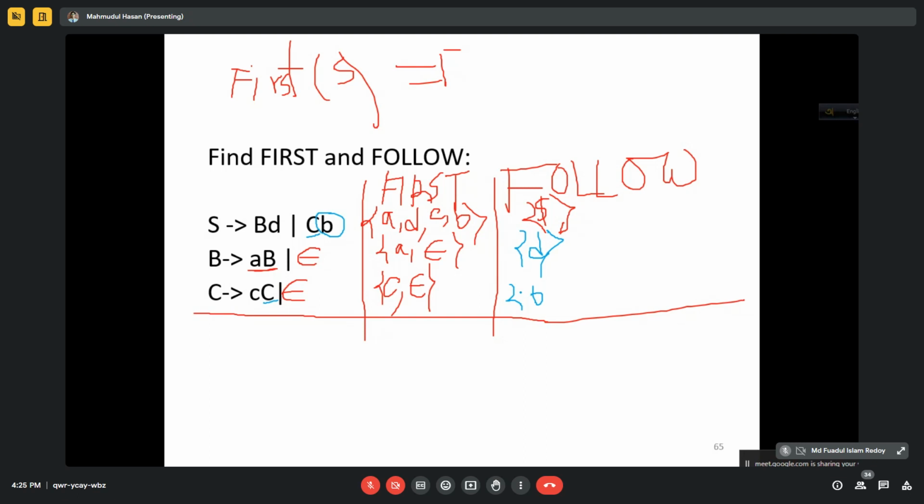But there is another C, and after this C there is nothing. That means you need to go to the left hand side. So follow of C is equal to follow of C, and already follow of C is B, so no need to write B again. So this is the follow of non-terminal C. Clear, everyone?